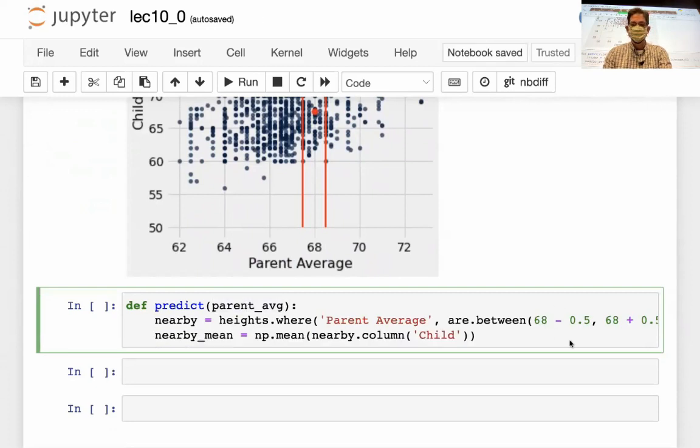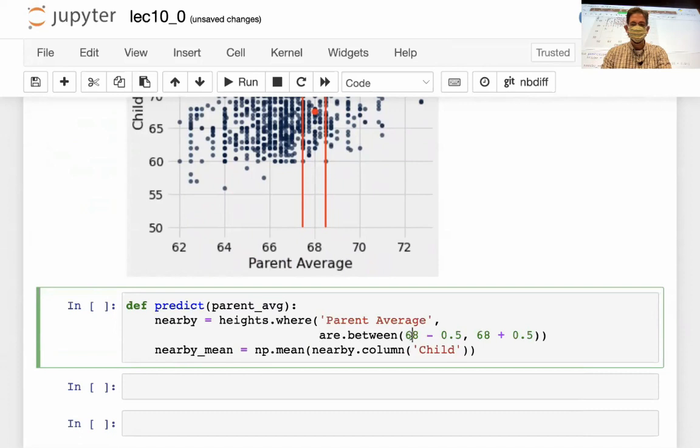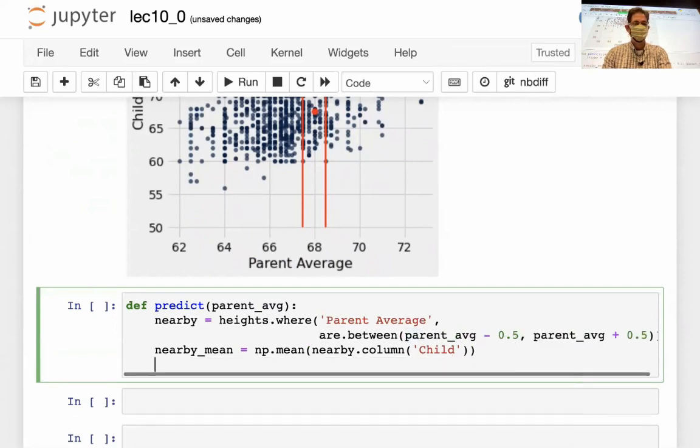Instead, I want the parent average to be whatever the parent average is. And then I need to make sure that after I've defined all the work that my function does, I say what it returns.